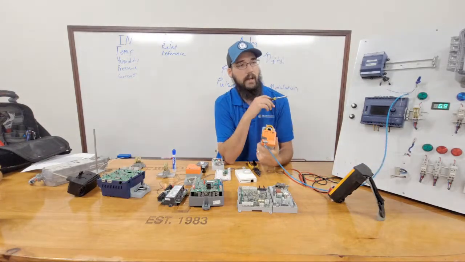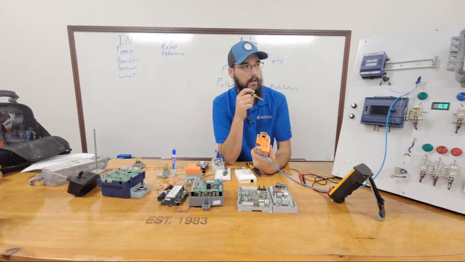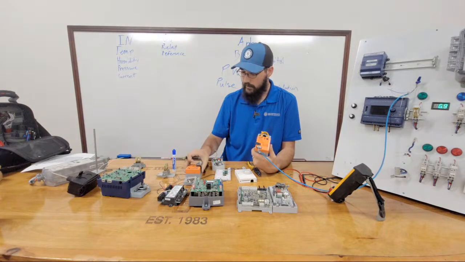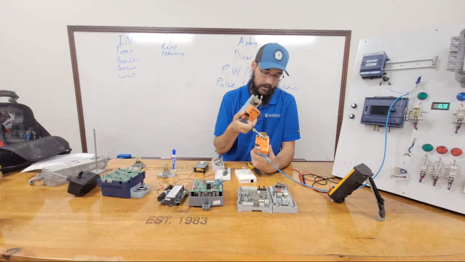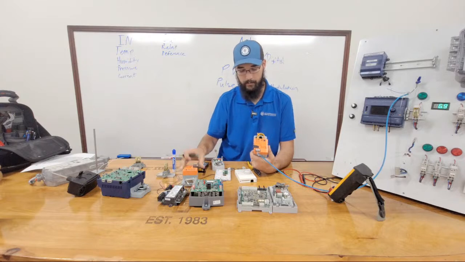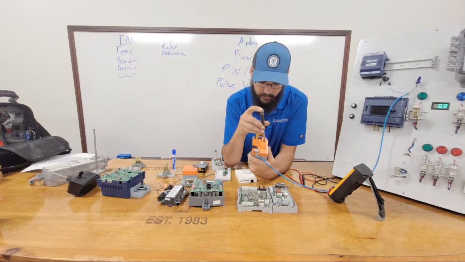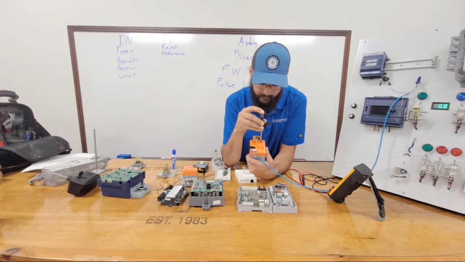One thing is really nice about Belimo, and not everybody does this, and you'll see that even on the floating point, it'll have this same thing. That little black dial up in the top corner. That black dial is a rotation selector.